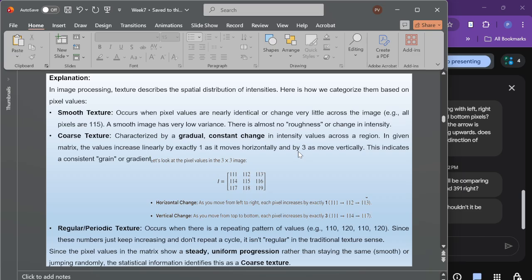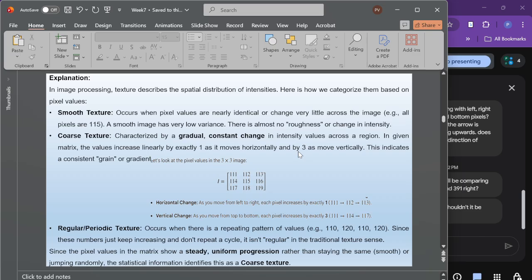Now the next one is the coarse texture. The coarse texture is characterized by a gradual, constant change in the intensity values across a region. In the given matrix, the value increases linearly by exactly 1. If you see the image matrix given, 111, 112, 113, then 114, 115.